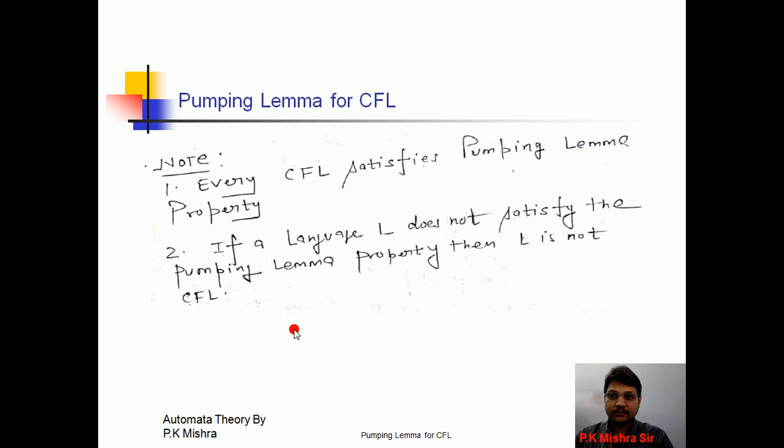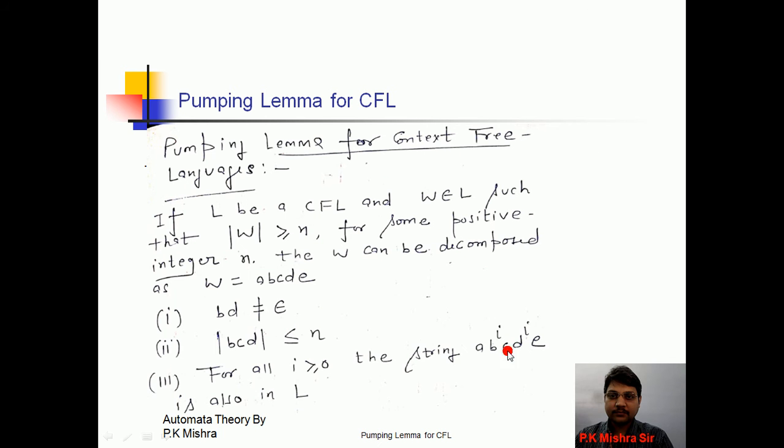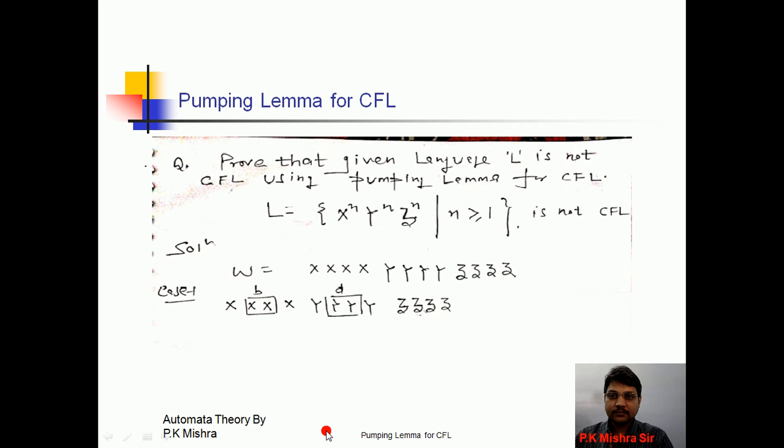Pump means, see here, B^i, you can take i equal to 1, 2, 3, 4, 5, 6, anything. Suppose I am taking i equal to 2. If I am taking i equal to 2, then pump B 2 times and pump D 2 times.